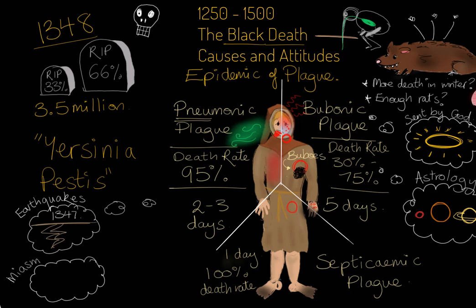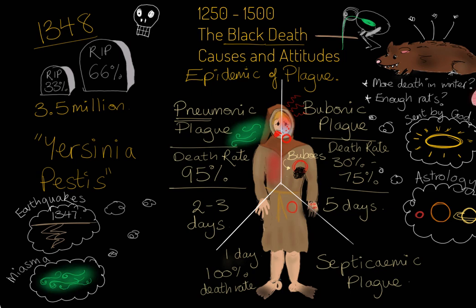So people believed that the plague was caused by bad smells and that they carried the plague into the body through the nose. To be fair to them, if the plague was caused by rats, then rats would have been more likely to be attracted to rubbish and other smelly things. So there was possibly a link there that people noticed.